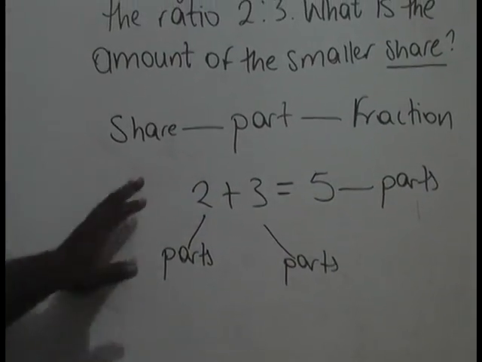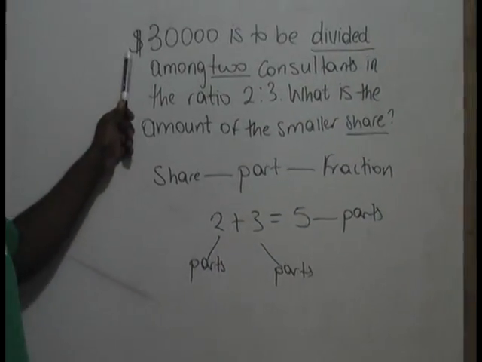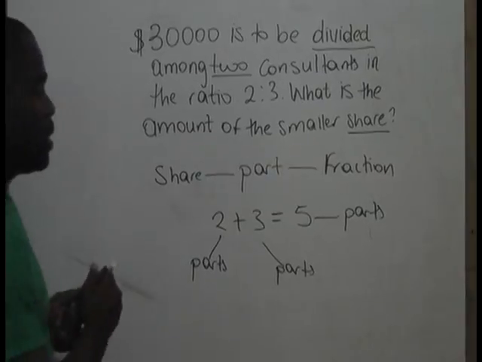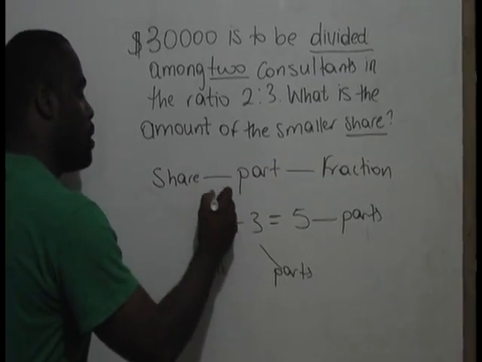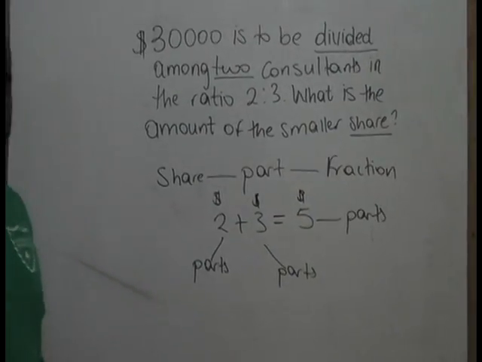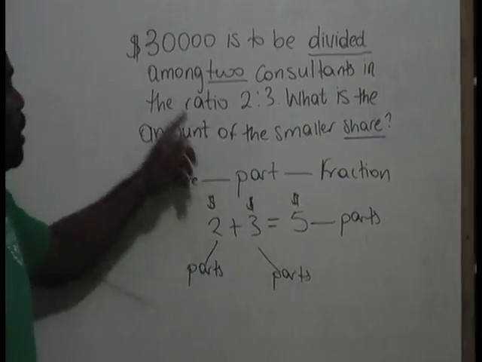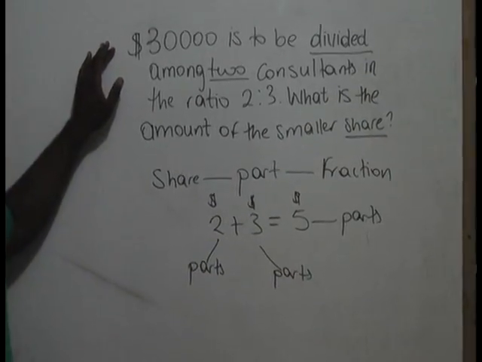Now, to make it even more interesting, if you're dealing with dollars and you're sharing dollars, you could simply put, this is $2 and this is $3, this is $5. But guess what? They are not sharing $5 now, they're sharing what? $30,000.